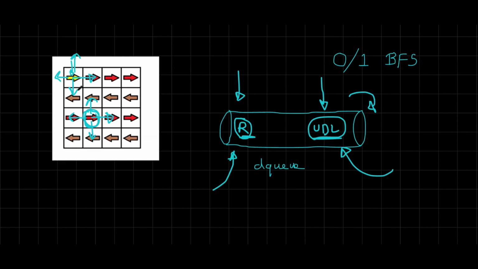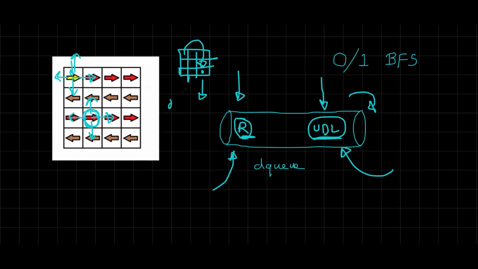By doing so, we will maintain a two-dimensional array cost, which will store the minimum cost of each cell if we want to reach the respective cell from the starting cell, and after completing the BFS, we will return the bottom right cell of the cost array. I hope you understood the algorithm.